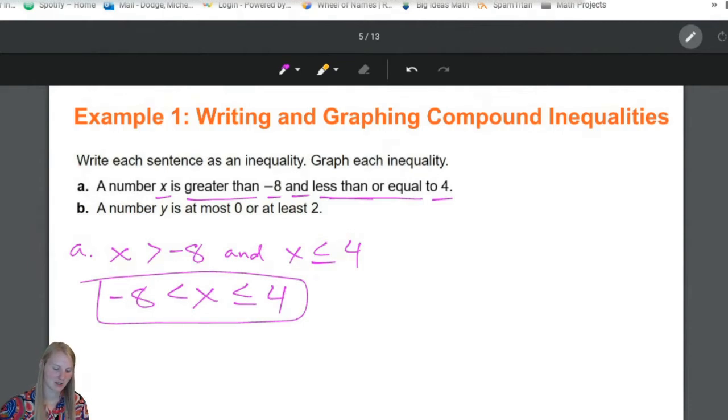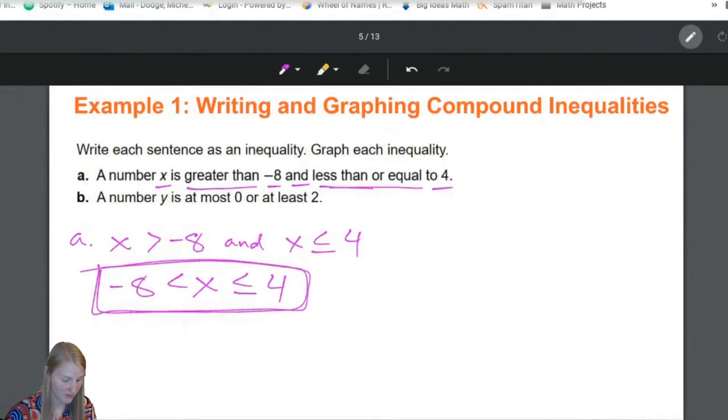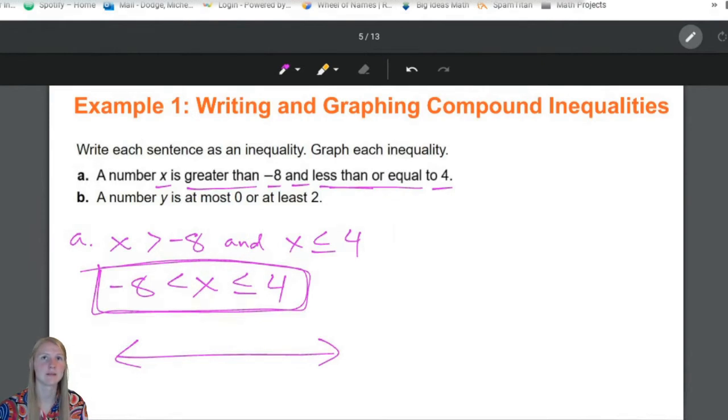Okay. So now this makes it easier to graph, because now when I graph, I'm going to make my number line, and I'm going to put 0 on there, just like we always do. I'm going to put 4 over here and -8 over here. Now, I'm going to put a circle on -8, because look at that, it's strictly greater than, so I'm not coloring it in.